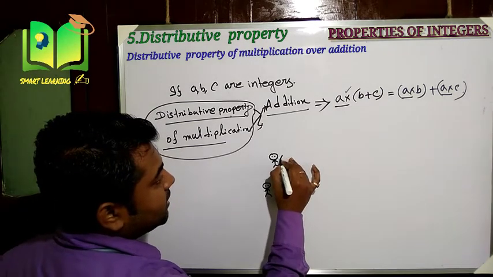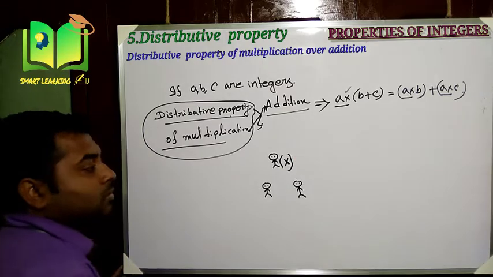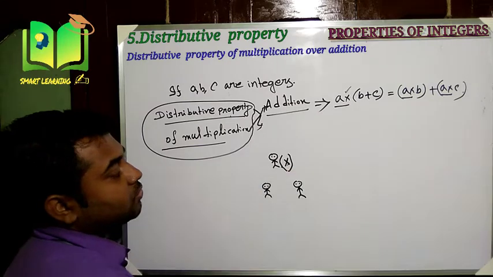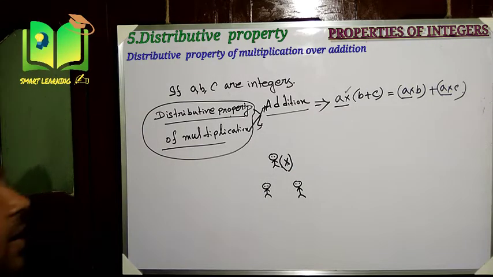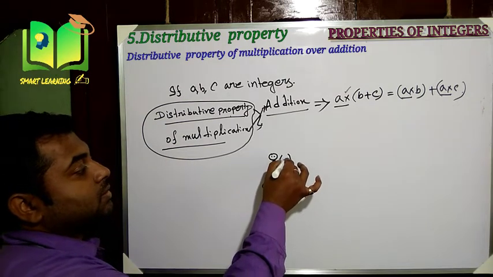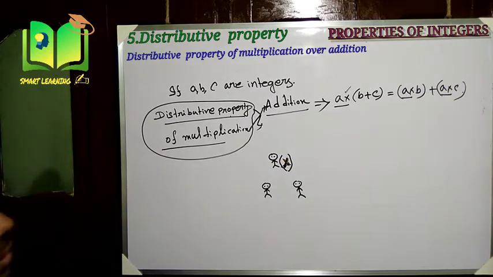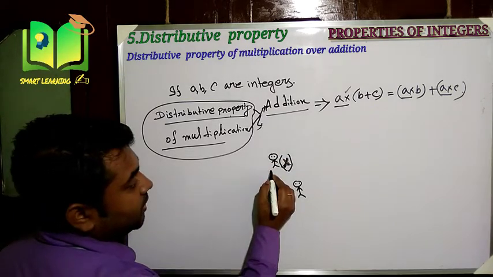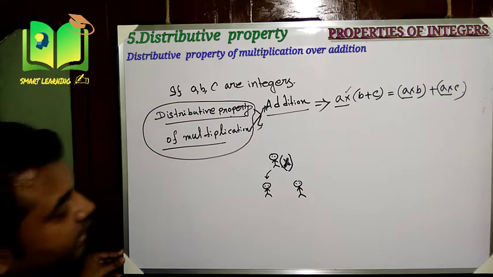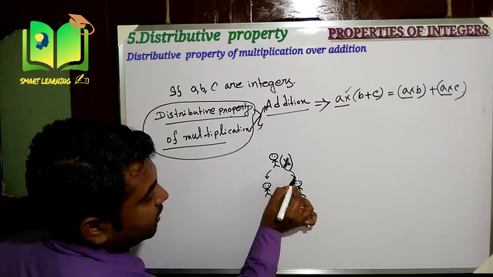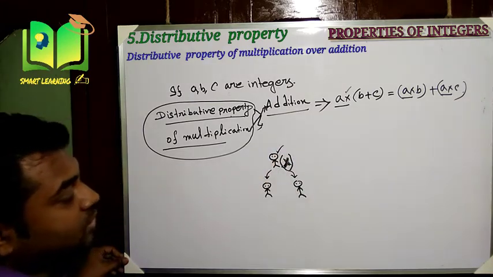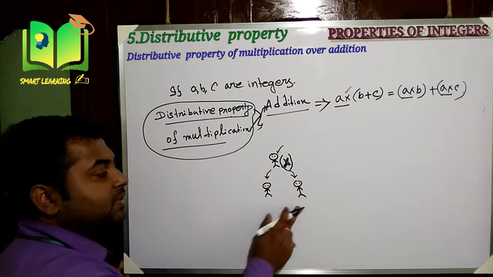So here in his bag, assume few chocolates are there, and the into means multiplication sign is there. When he will come to your home, definitely first he will give some chocolates to this brother, and after that he distributes the chocolate to this brother. And he will distribute the chocolates in same amount.